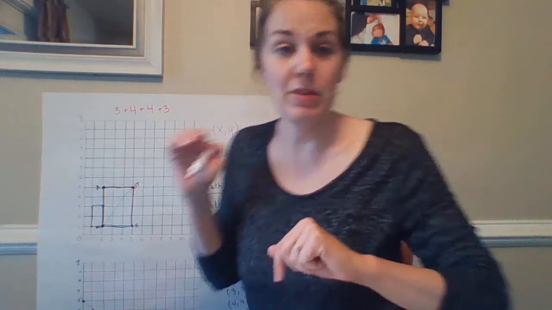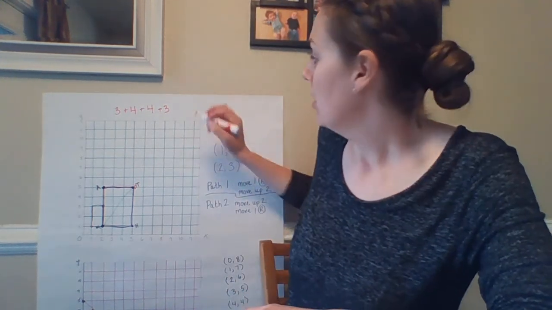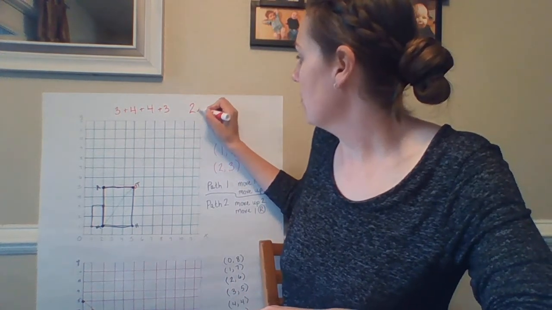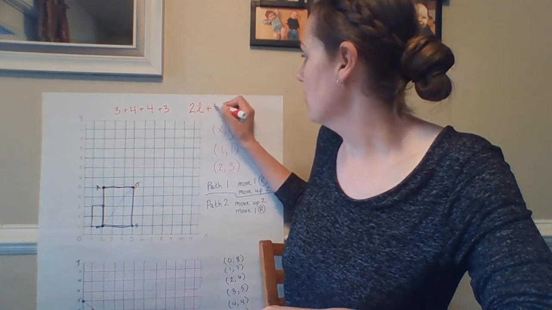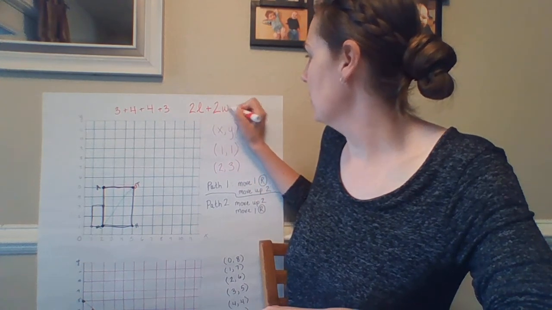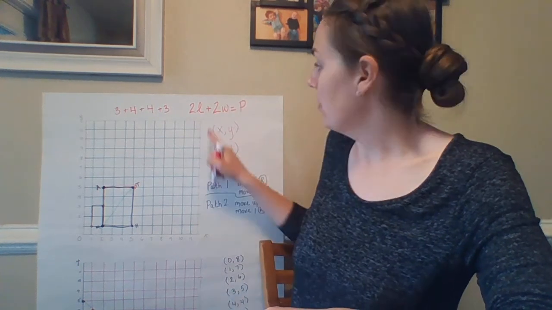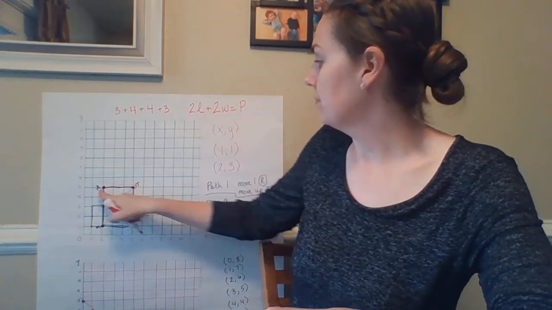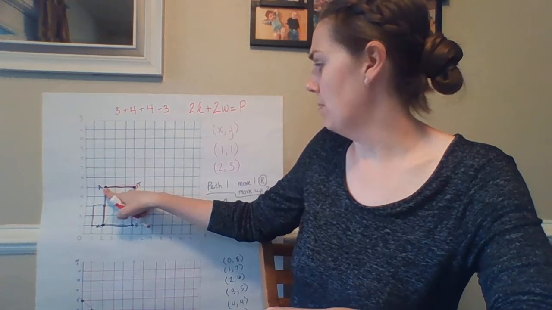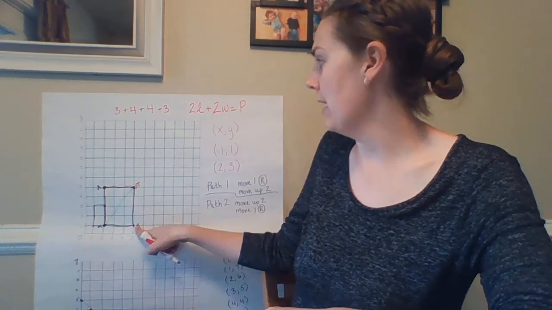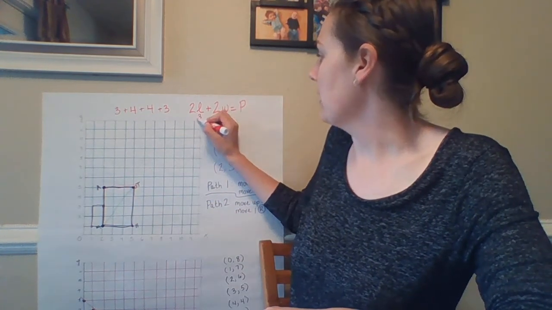When we're dealing with the perimeter of a rectangle, you can say 2 times the length plus 2 times the width is going to equal your perimeter. So in this case, our length would be, from points AT and MH, that would be 3.